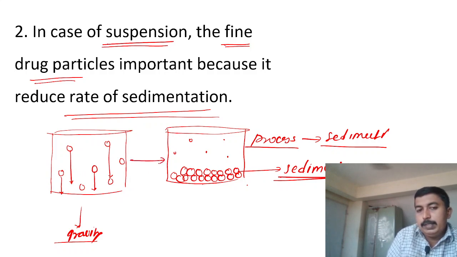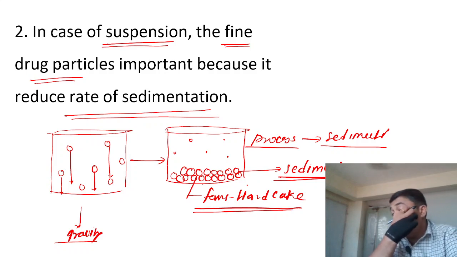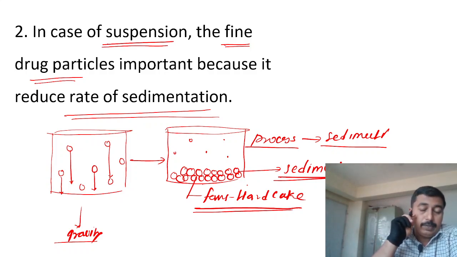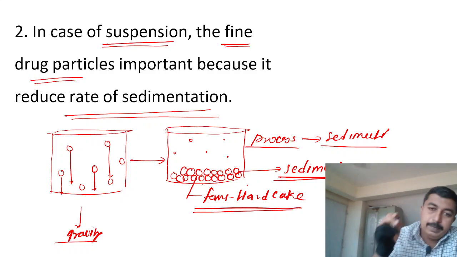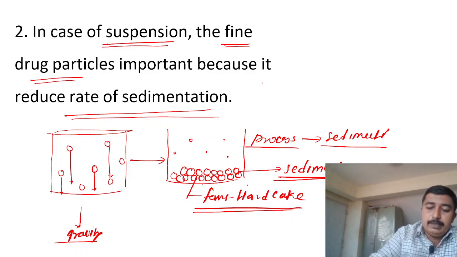If during storage powder particles settle at the bottom and form a hard cake, which is difficult to redisperse on normal shaking of the container, the suspension is said to be an unstable suspension. So in order to minimize the instability, the rate of sedimentation should be less. Sedimentation should take place in a slow manner.